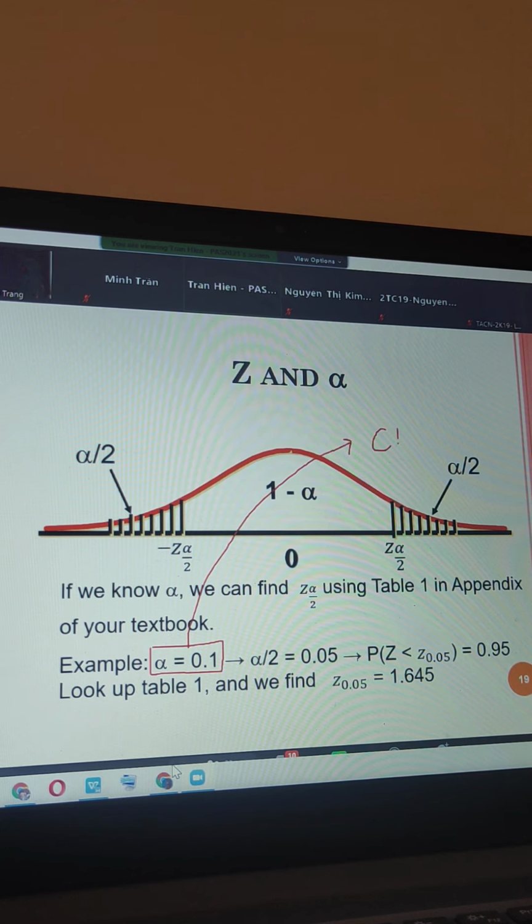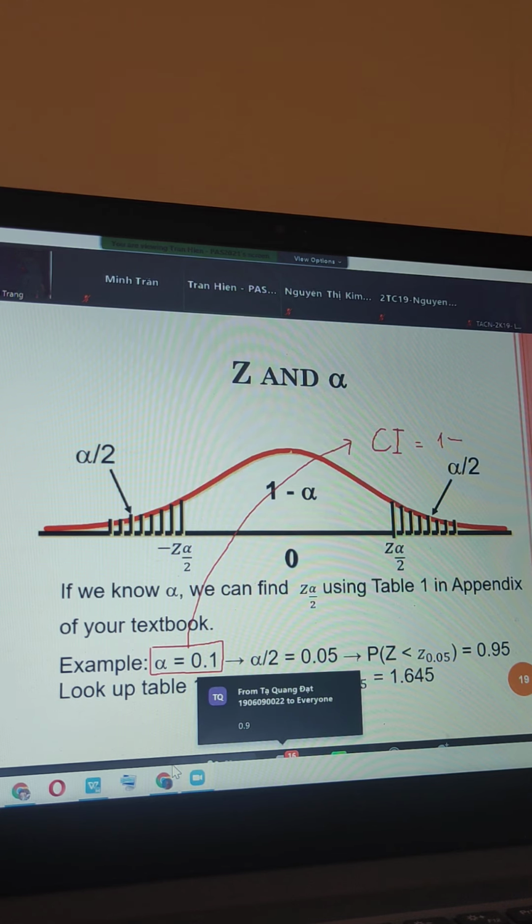What is the confidence interval here, denoted by CI? Okay, thank you. The confidence level is denoted by 1 minus alpha, so it equals 90% or 0.9.